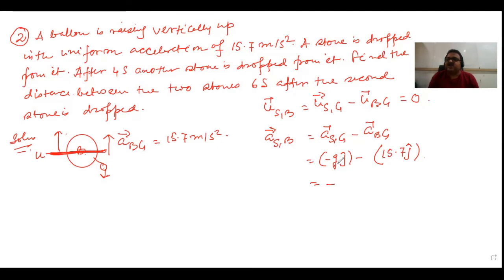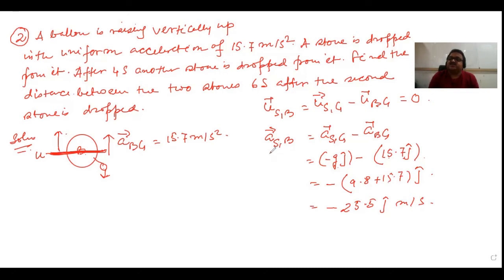Taking g as 9.8, we get 9.8 plus 15.7, which is 25.5 j cap meter per second square. Clear?